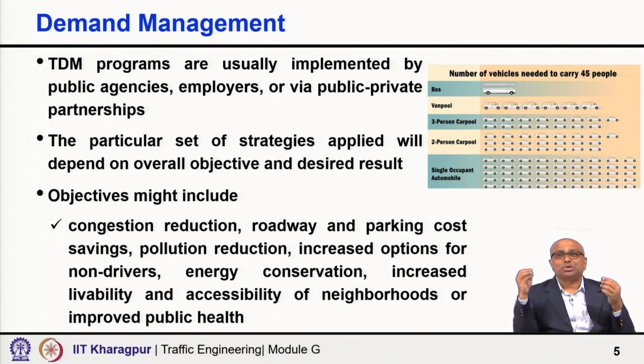Here I have indicated what objectives one could think of, for example congestion reduction, pollution reduction, increased options for non-drivers, energy conservation, increased livability and accessibility of neighborhoods, or improved public health. A range of things could be our motivation for doing demand management, or reducing vehicle trips during the peak hour.